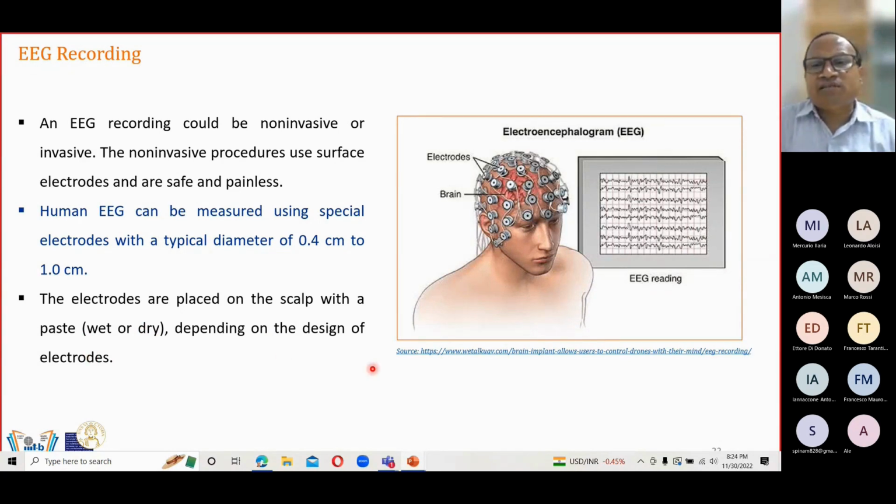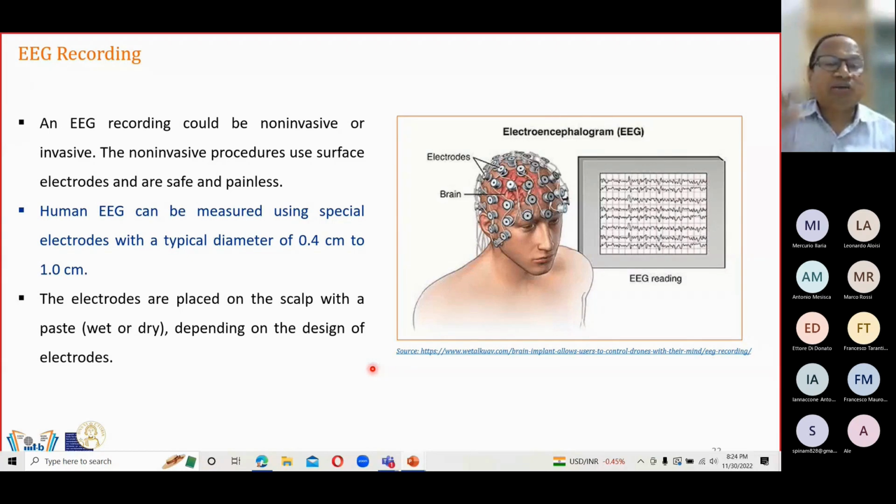Now the question arises, why do we need paste? Even if you remember, someone has seen or is aware of, when we capture an ECG signal, electrocardiogram signal, for analysis or diagnosis of a cardiac problem of a person, a number of electrodes are placed on your chest and your hand, some part of hand and some part of leg.